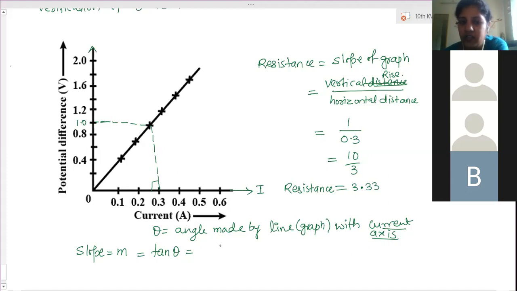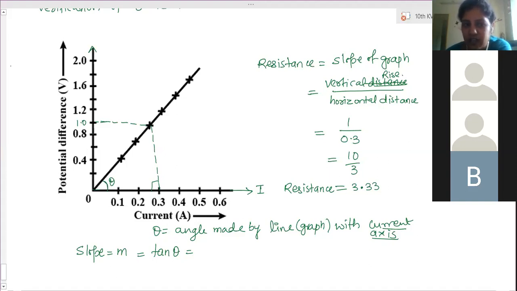The symbol theta is generally used for trigonometry. In trigonometry, theta is the angle between the line graph and the I-axis, the current axis. Then tan theta for this triangle is opposite by adjacent.